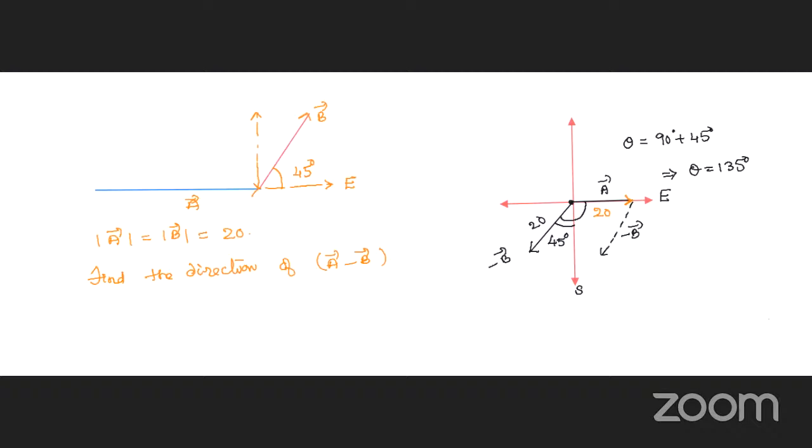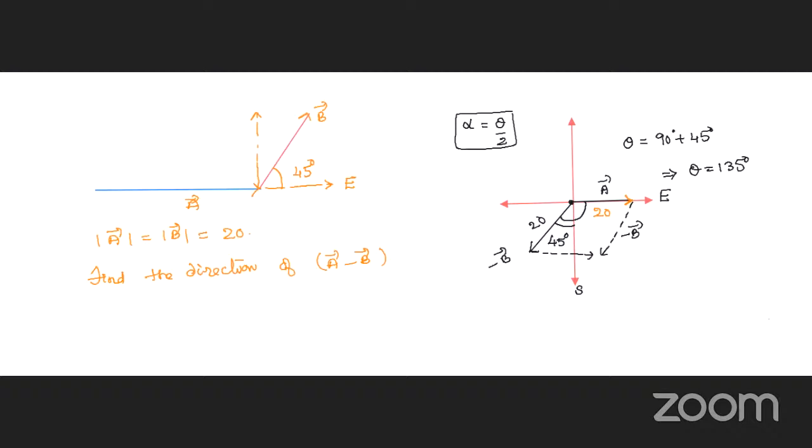By constructing the parallelogram, we check that their magnitudes are equal. For the Monday test I already said, if the magnitudes are equal, the resultant taken from the same point always bisects the angle, alpha equals theta by 2. I think all of you remember.